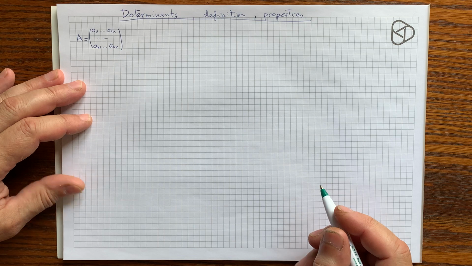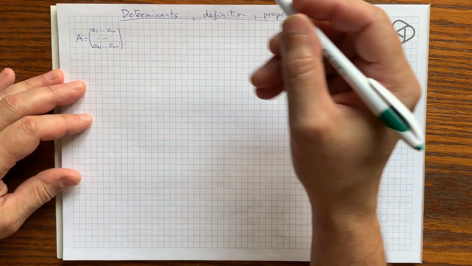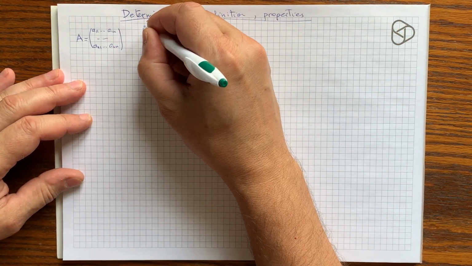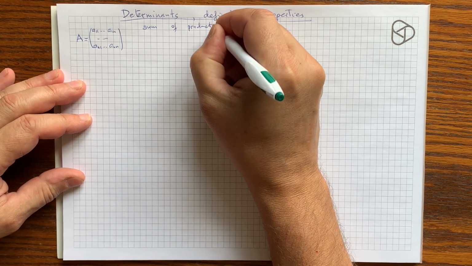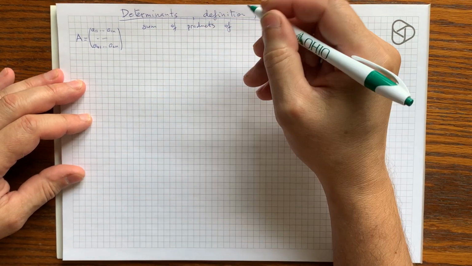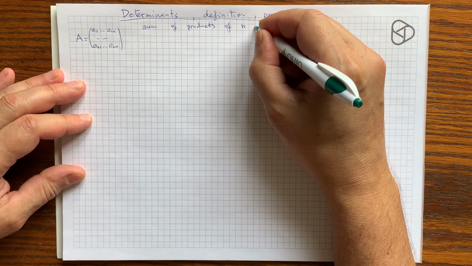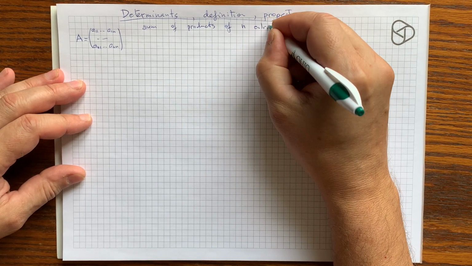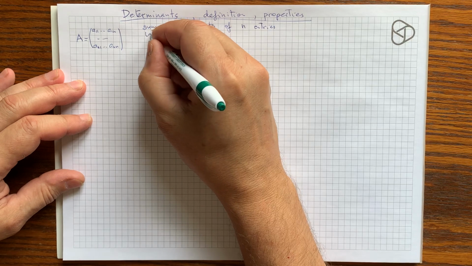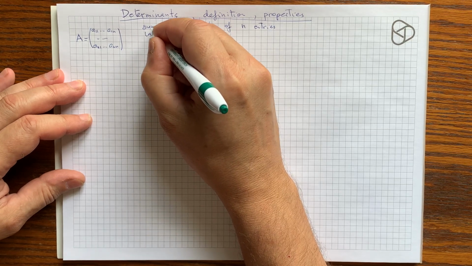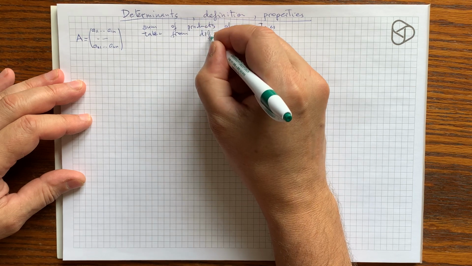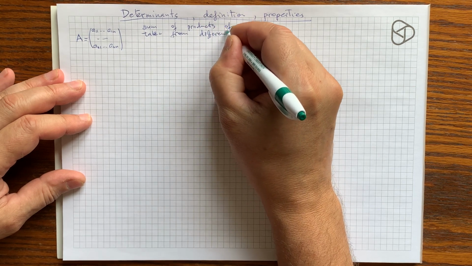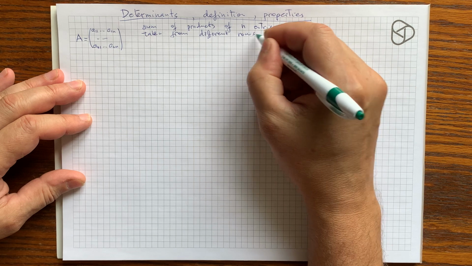And verbally, a determinant of a square matrix is a sum of products of n entries, all taken from different rows and columns.